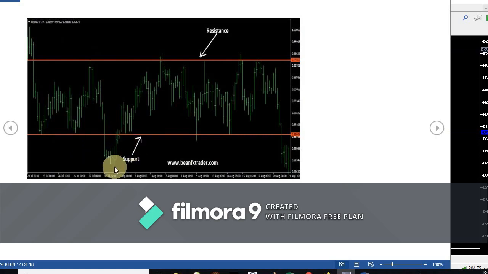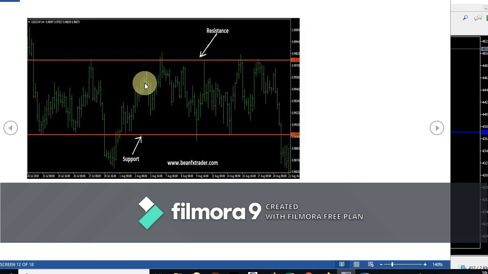We call it a Judas swing because it's a deceptive swing that deceived the sellers that, oh, we have a breakout. But at the end of the day, price reversed, and the sellers will be trapped here.